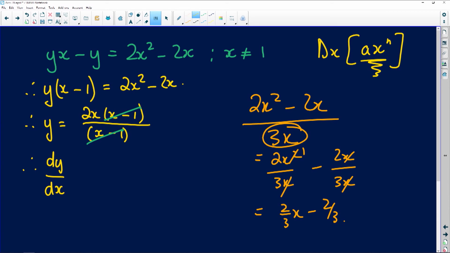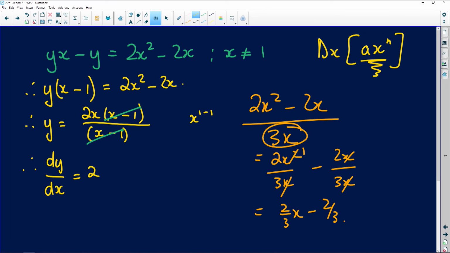And remember what we said, if there's something times x, the x just disappears. Why? Because it becomes x to the 1 minus 1, which is x to the 0. So in this case, we've got 2x that we're differentiating, so the 2 remains. So dy/dx is indeed 2. Jessica, I hope that that helped you. What's nice about this question was the way in which it was given.